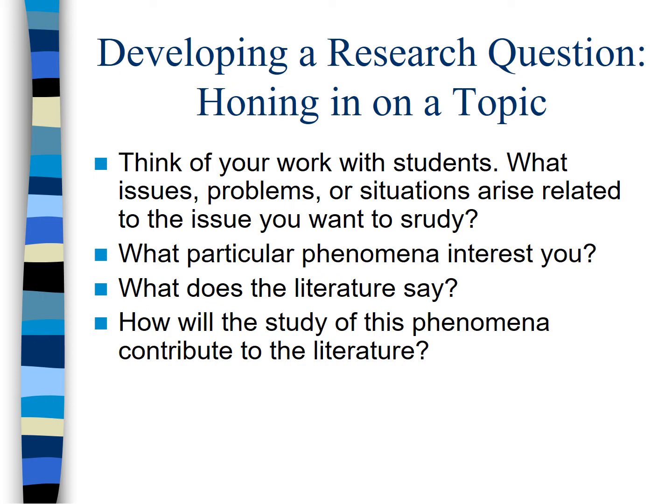So think about the work that you do, or the work you're interested in doing, and what are some problems that you've seen occur. Research questions are sometimes built to address certain problems or issues. So what things have you observed that you believe some research or study could improve the field?